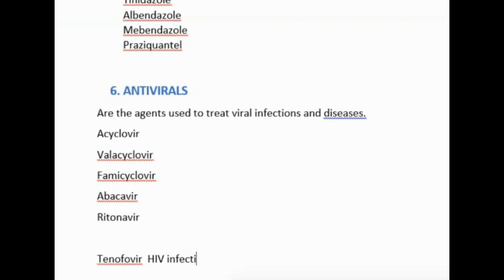Tenofovir is an antiviral medication which is used to treat HIV infection. But the rest are acyclovir, valacyclovir, famciclovir, abacavir, and ritonavir. They are used to treat herpes simplex virus and influenza. So these are the list of anti-infective drugs.